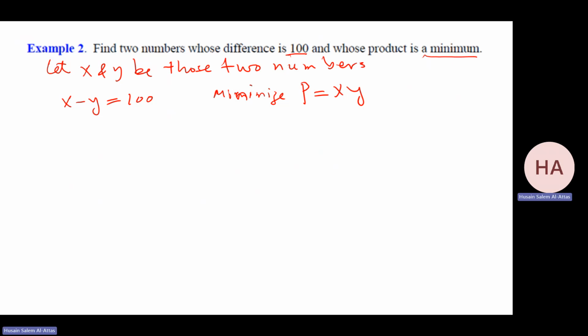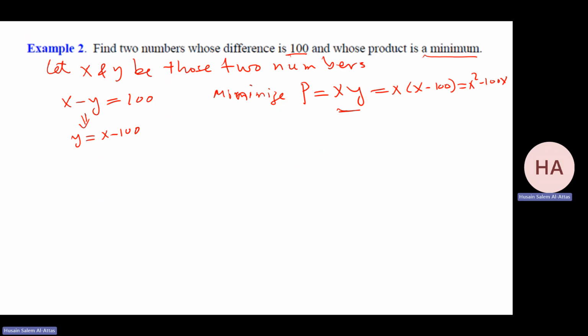Since it's a product, it's a function of two variables, so I want to change it from here. It's very clear that Y equals X minus 100. So it will be X times (X minus 100), which is X squared minus 100X. This is still a parabola, and it opens upward. So for sure it has an absolute minimum at the vertex.